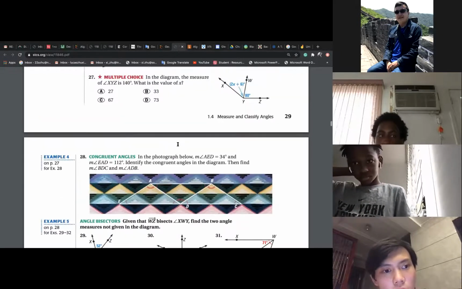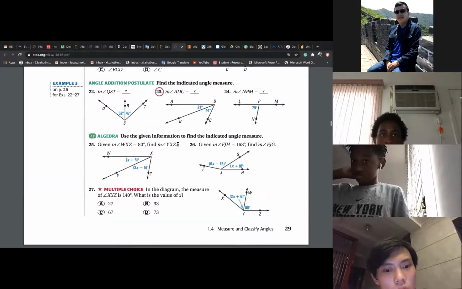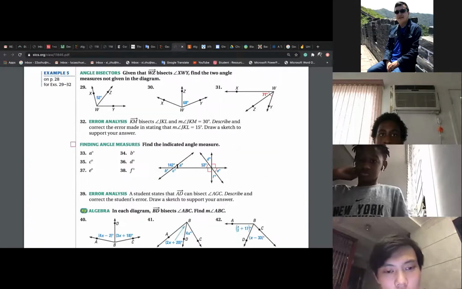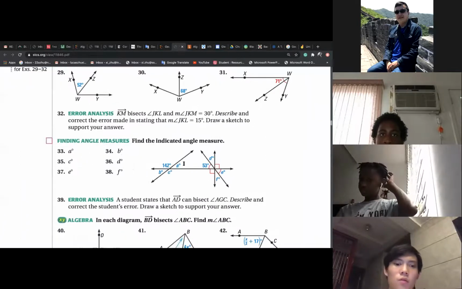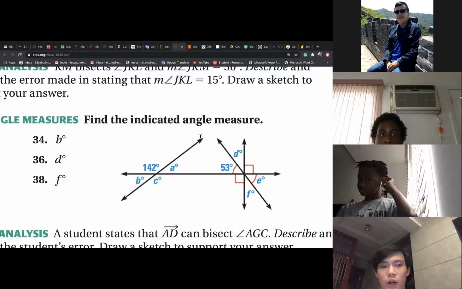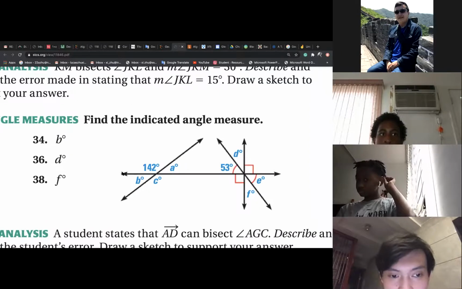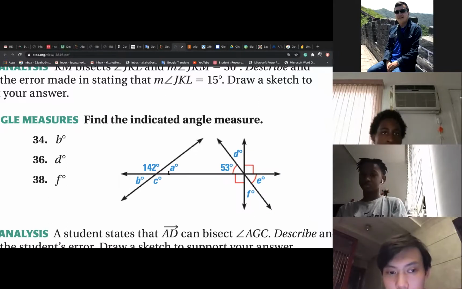I don't think they have given you a theorem for that. But remember, whenever two lines cross each other, they definitely form four angles, right?